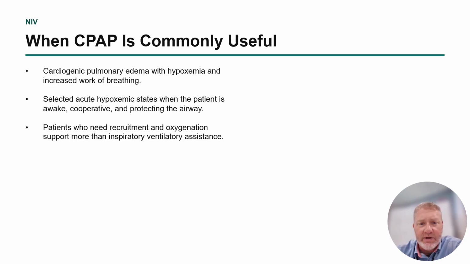So just to keep things tidy, when is CPAP most commonly useful? Well, pulmonary edema with hypoxemia, increased work of breathing, selected acute hypoxemic states when the patient is awake, cooperative, and protecting the airway. Very important. They need to be able to remove the mask when they're on CPAP or BiPAP.